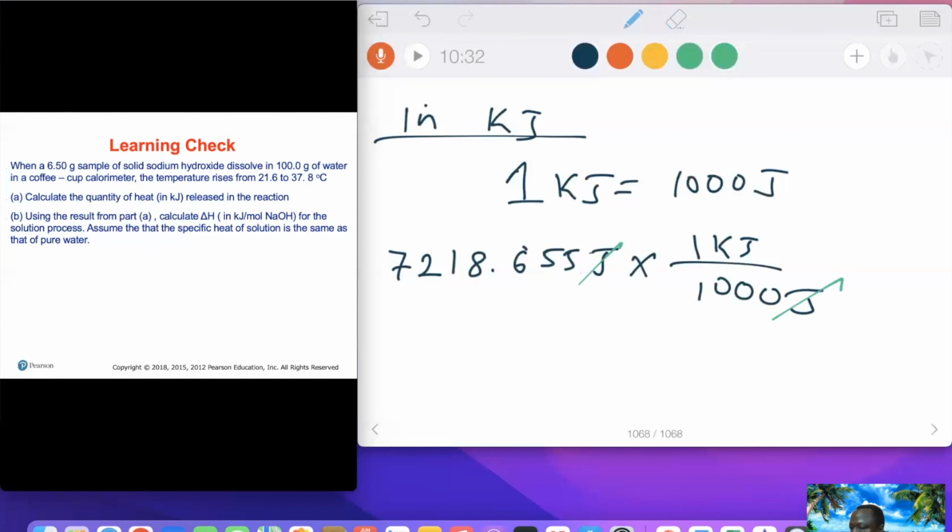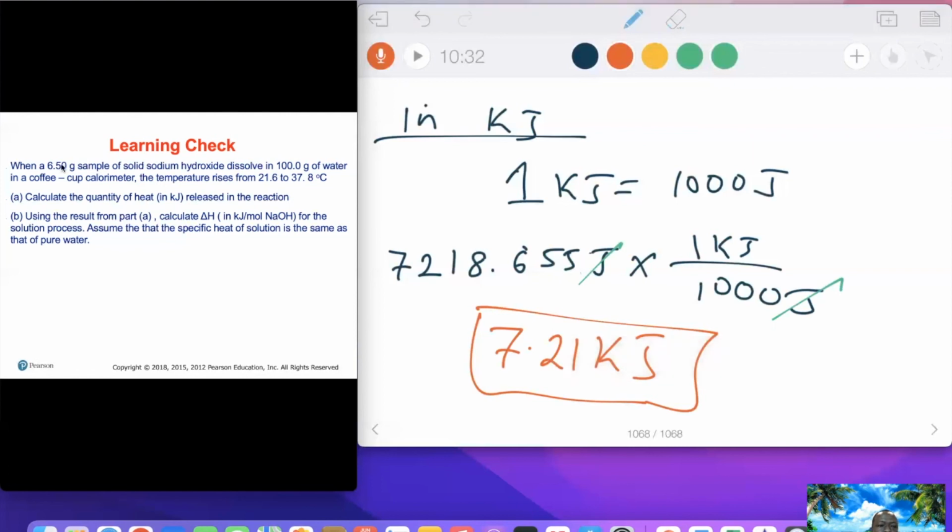We have 7.21 kilojoules, 3 significant figures, all right? This is the quantity of heat released. It's an exothermic reaction, so it's given off. All right, so that's how much is given off.